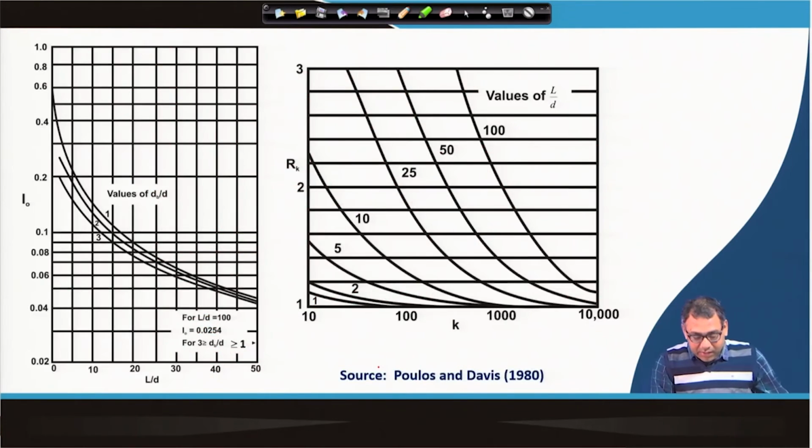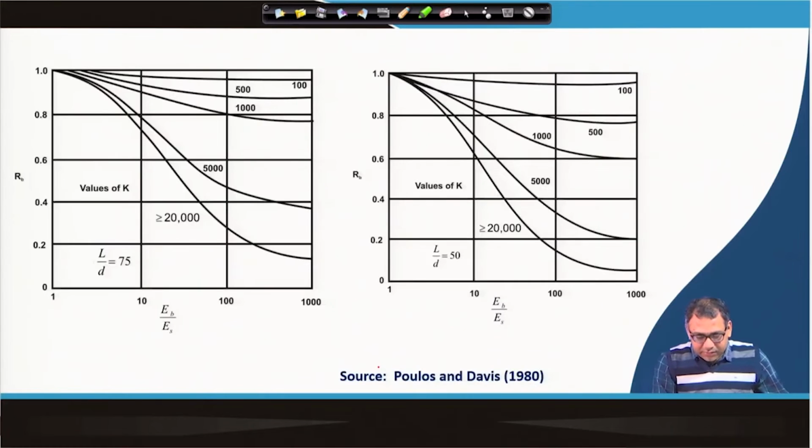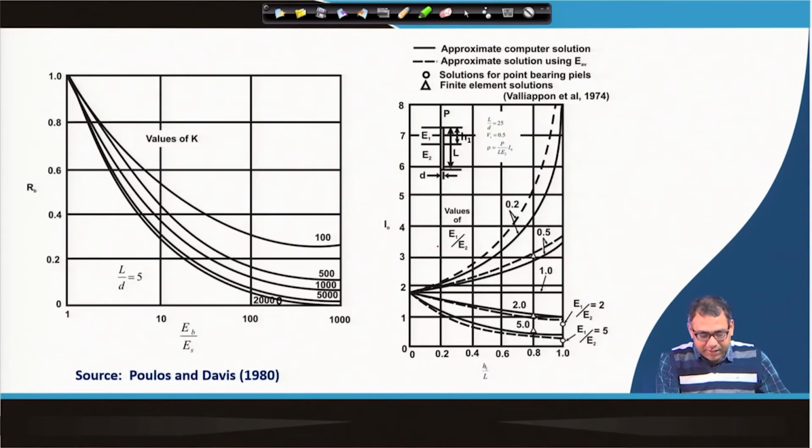Okay. So, now how can I calculate R b? This is the chart where I can calculate R b. Again for different L by D 75, 50, 25, 10 and 5, and for different E b by E s values and for different k, we will get the R b value. Okay. So, these are the correction factors we will get.